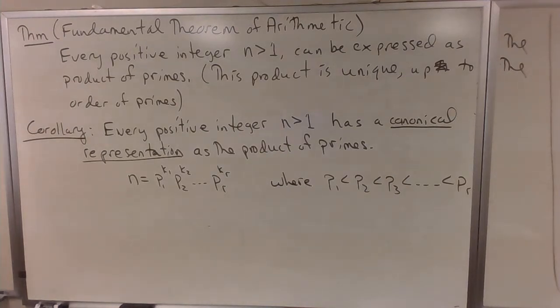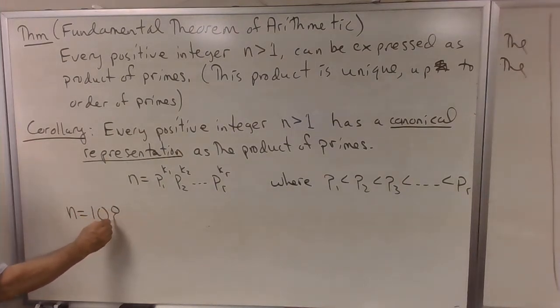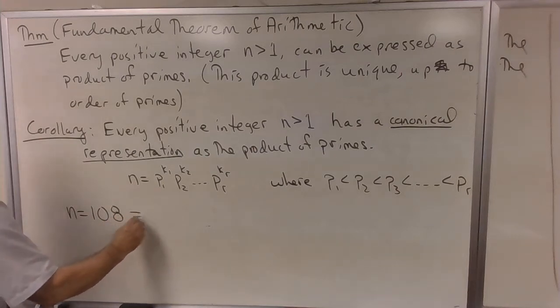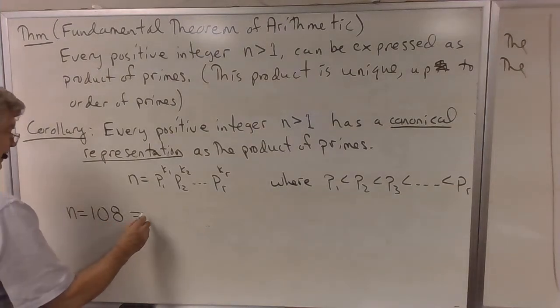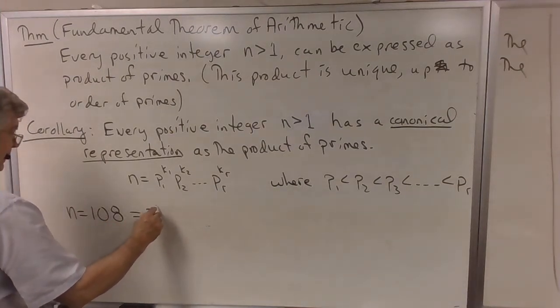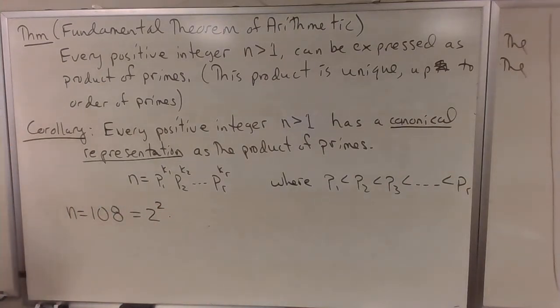And what would be a good example? Let's say 108. 108 divided by 4 is 27, and that is 3 cubed.